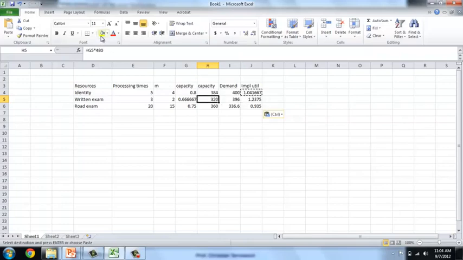That means that the system can only handle 320 applications per day that are going to be processed at the written exam.